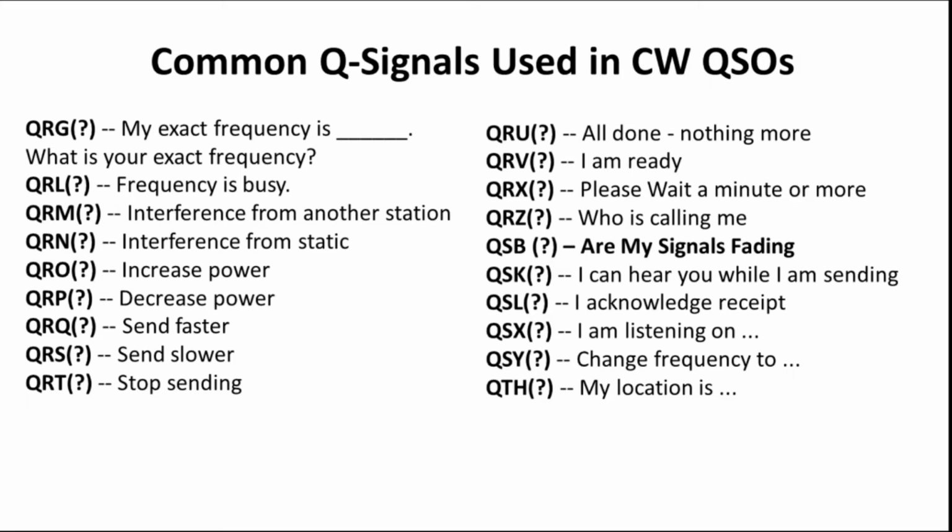If you make contact with somebody, you'll ask them to QSL. QSY is used occasionally if you're a station and they're working split, and they might ask you to QSY 20 kcs further down the band so that they can copy you. So it's a good idea to learn some of those as well.